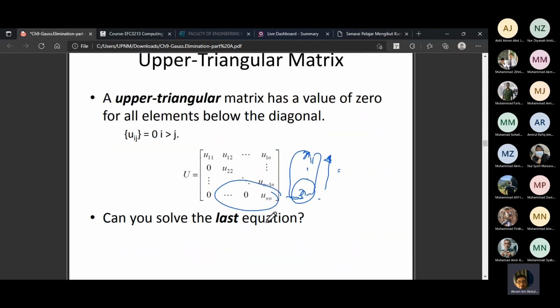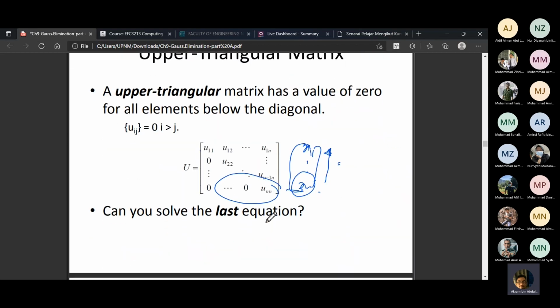Same goes to the upper triangular matrix. Untuk upper triangular matrix maknanya kalau kita ambil in the last equation, so kita boleh dapatkan apa nilai xn. Kemudian kita boleh dapatkan xn minus 1 sehinggalah last kali kita boleh dapat apa nilai x1. Dia terbalik daripada lower triangular tadi.